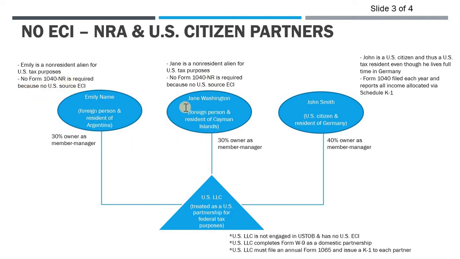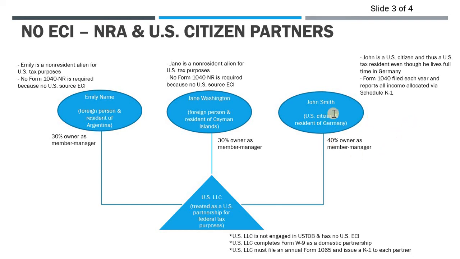The same goes for Jane, right? Jane is a non-resident. She's being allocated income from a US entity. It's a domestic entity, but the K1 shows that it's all foreign source income. There's no U.S. source ECI. Jane doesn't have to do anything. Now here's where it gets a little trickier for John.